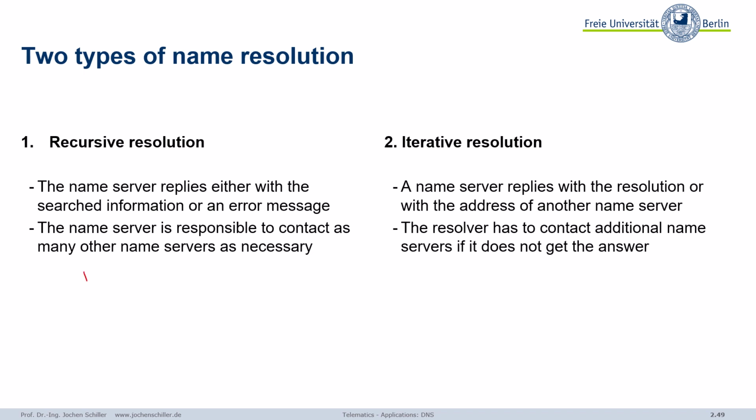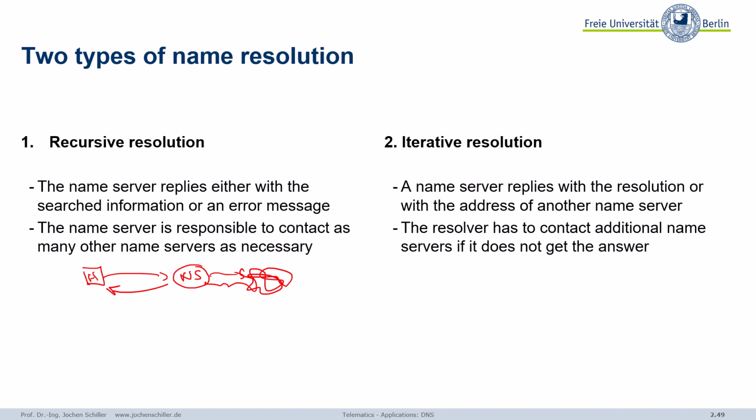So basically, you're here with your host, you ask your resolver, the resolver goes to the name server, and then the name server does something magic, whatever, but will answer. That's recursive. The name server is responsible for handling whatever. The alternative is an iterative resolution.